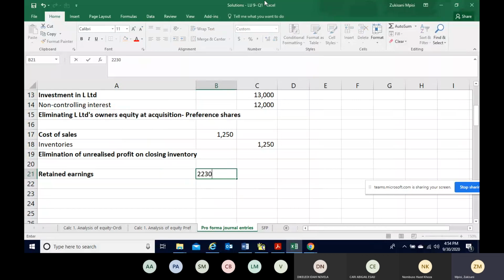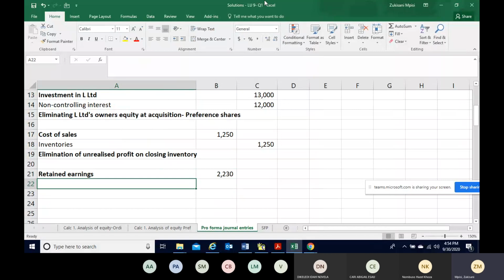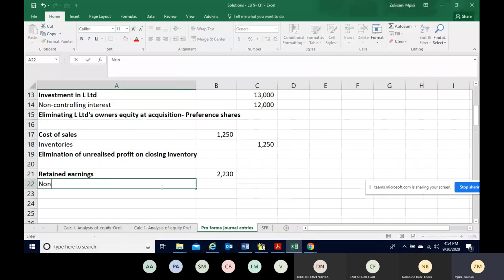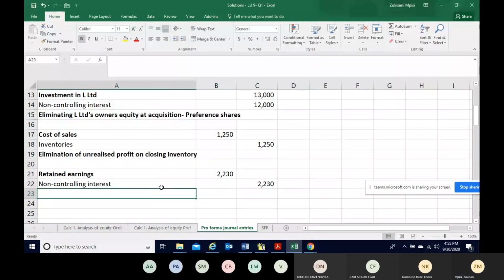So on your retained earnings, you need to reduce it by 2,230 of non-controlling interest. And then on non-controlling interest, we're going to increase the value by 2,230. And this is just a recording of non-controlling interest in profit or loss.